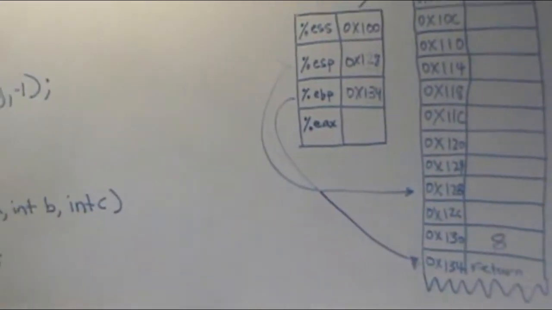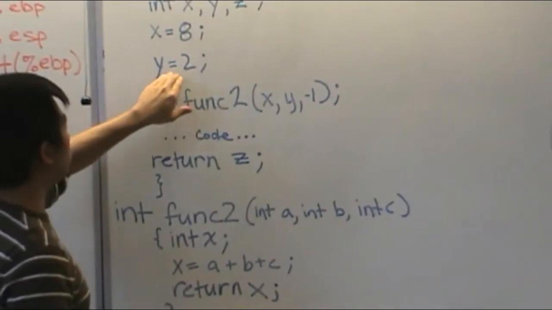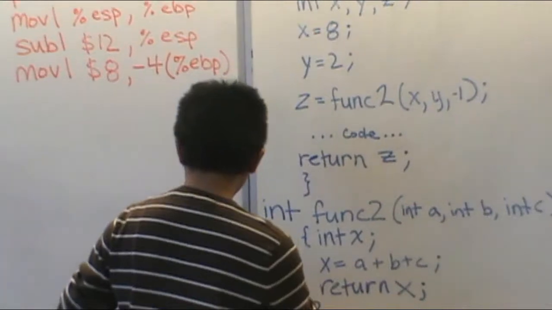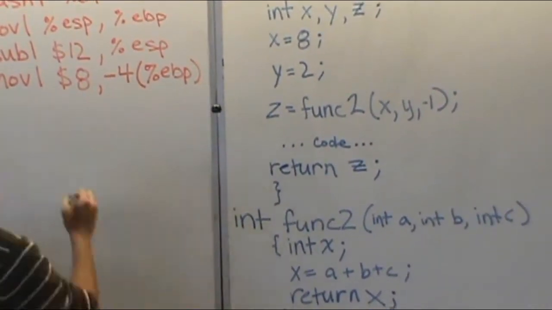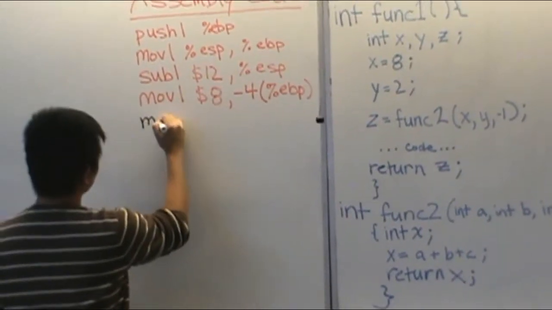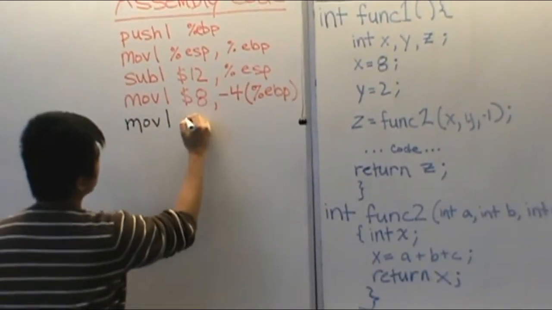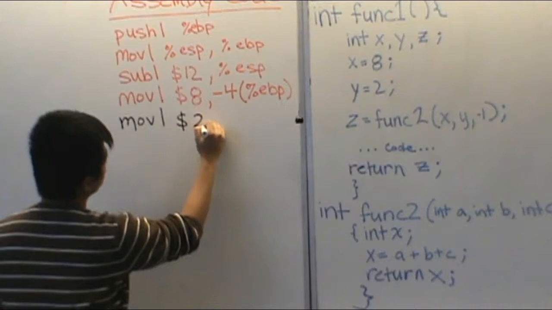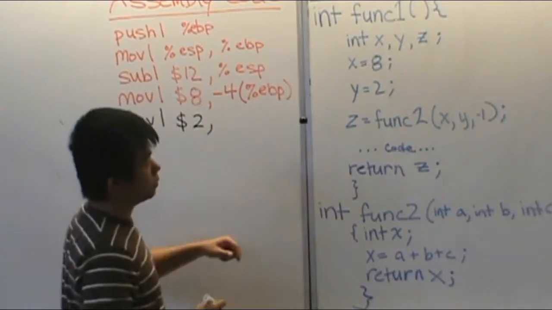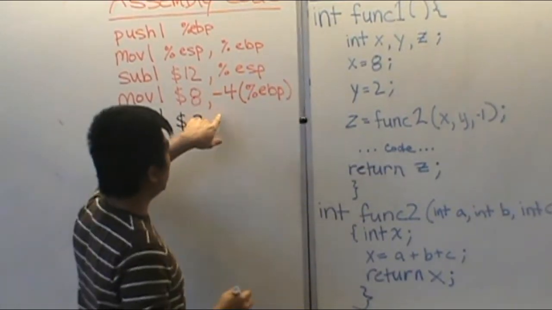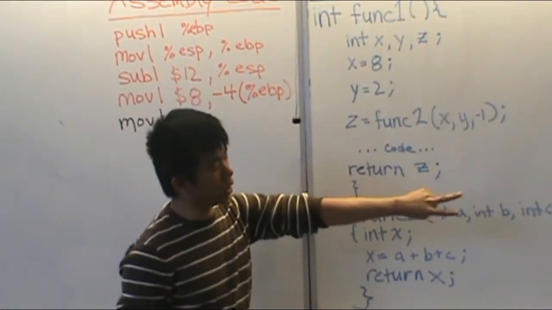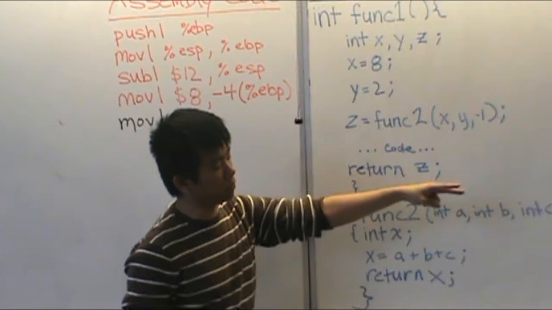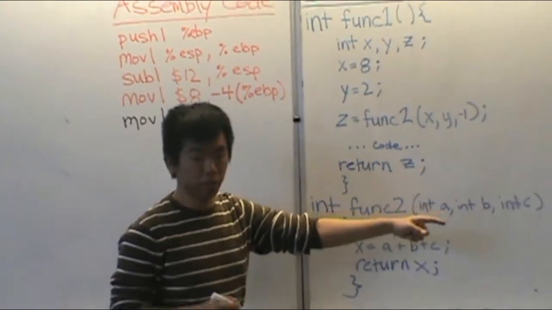Next, y equals 2. So we do the same thing that we did for x, which is move $2. And this time we have to do it by -8 because y is 8 bytes offset from where EBP is.